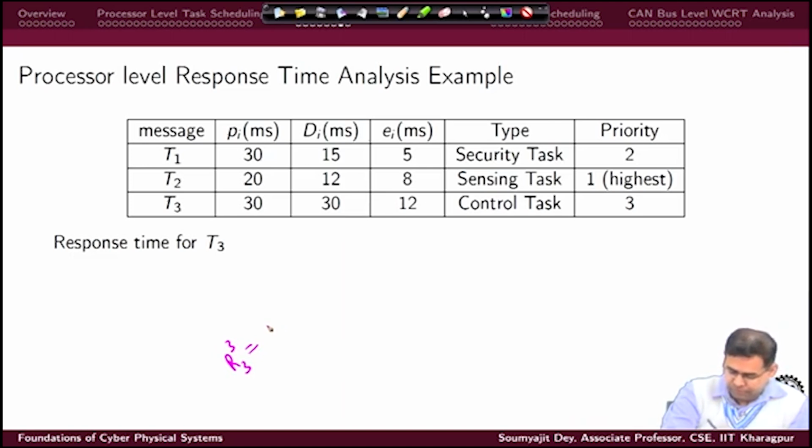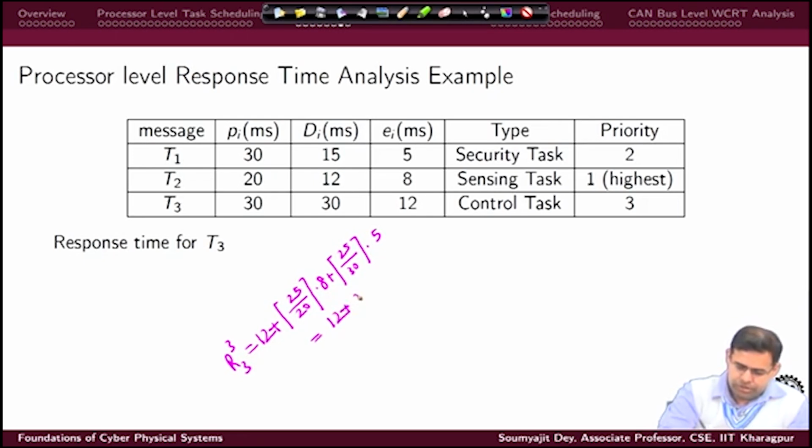So, again you have 12, so these are ceiling relations. So, you get 2 and here you get a 5. So, that is 33. Okay.